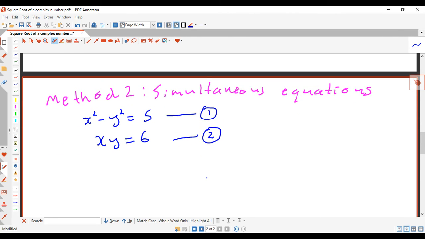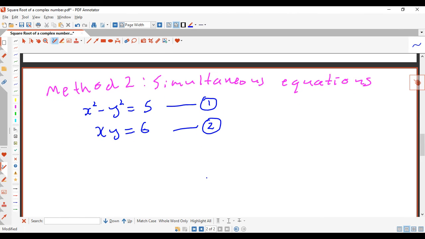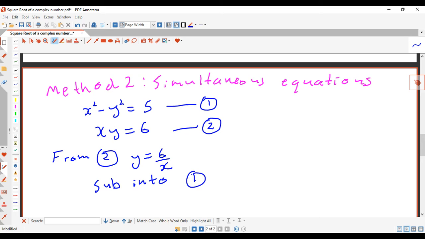All right, now, from equation 2, what can we write down? From equation 2, y is equal to 6 on x, right? And what we're going to do then is sub into equation 1.